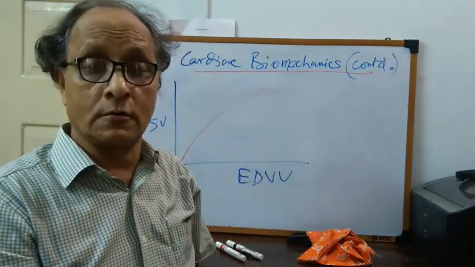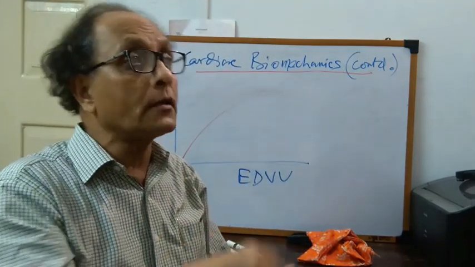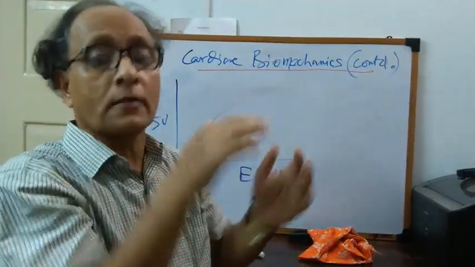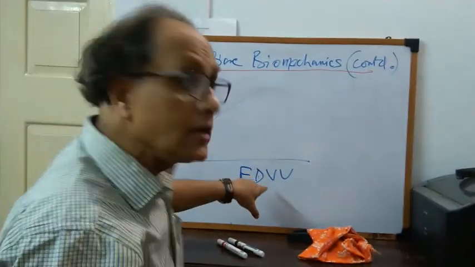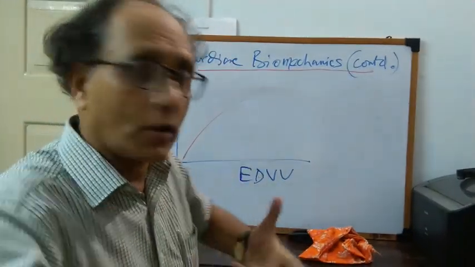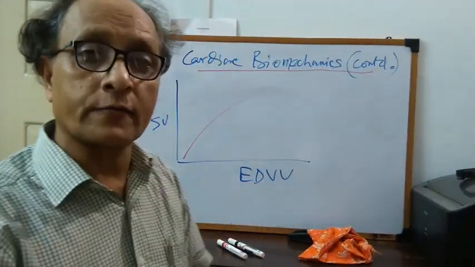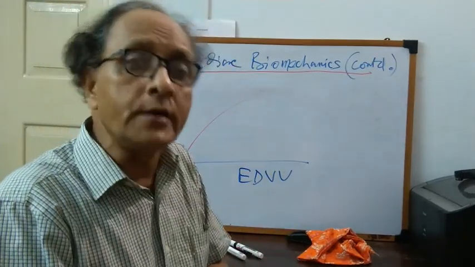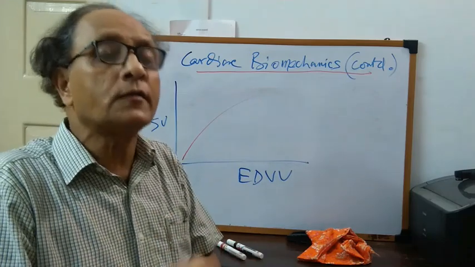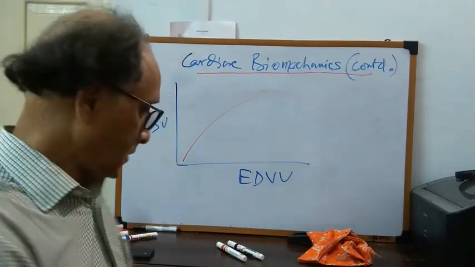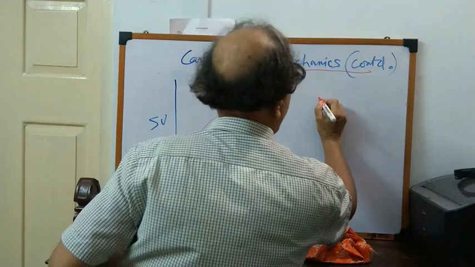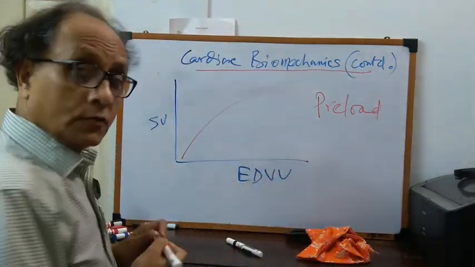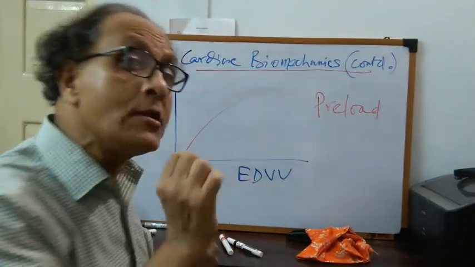This kind of load, which we apply in an experimental situation by that sliding bar, or in vivo, in the whole body, by this end-diastolic ventricular volume, is a load applied on the muscle when it is in a state of rest. And this kind of load is known as preload.